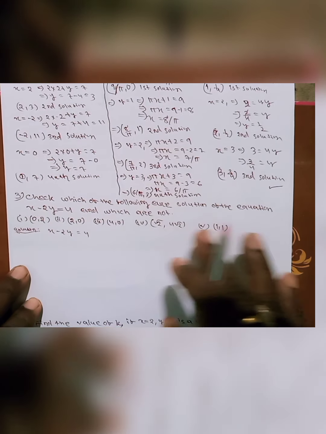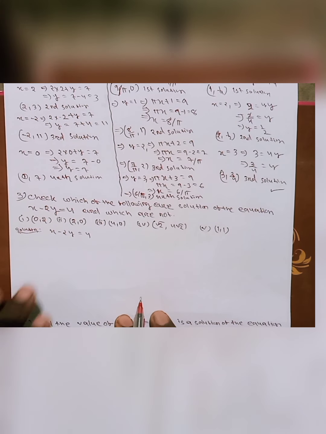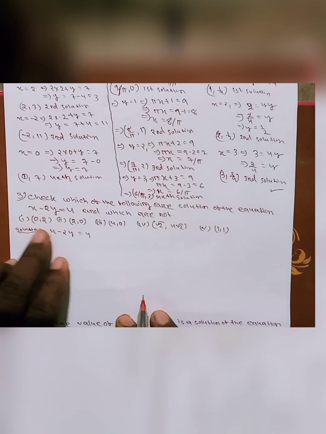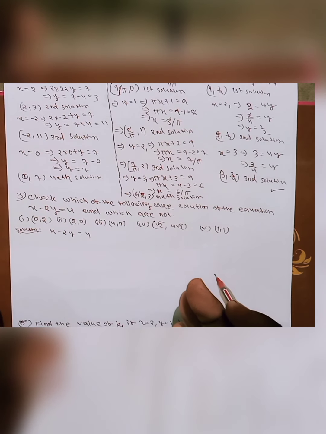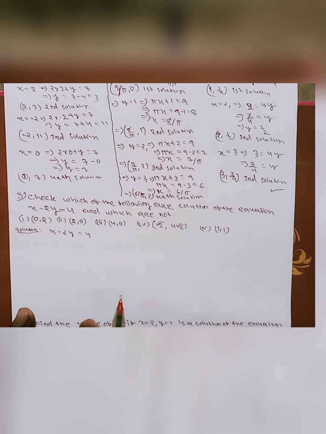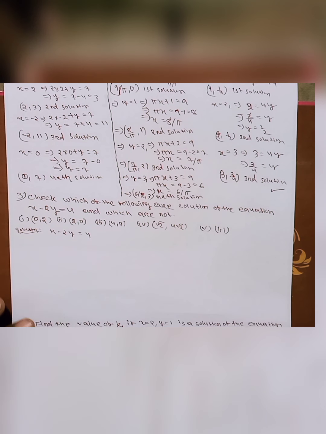So which pair of values is the solution of this equation? Put the pair of values in the equation and check. If both sides are equal, then the pair of values is the solution of the equation, otherwise not.